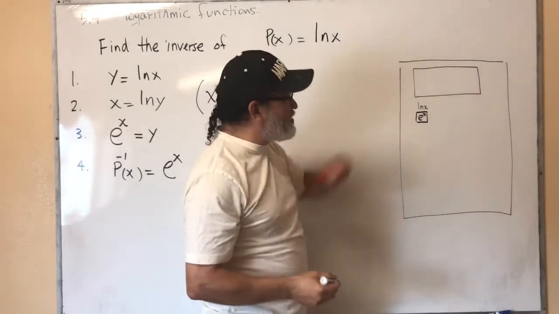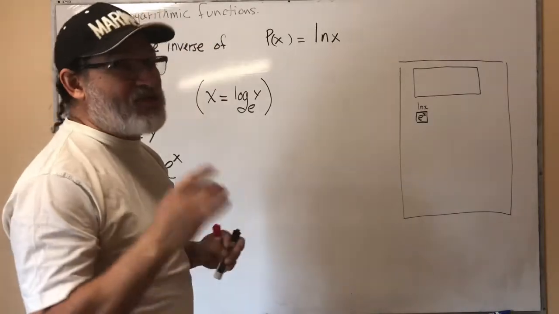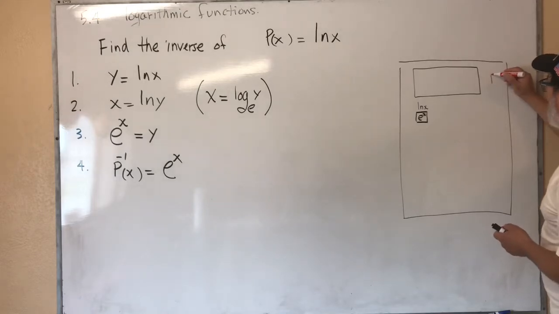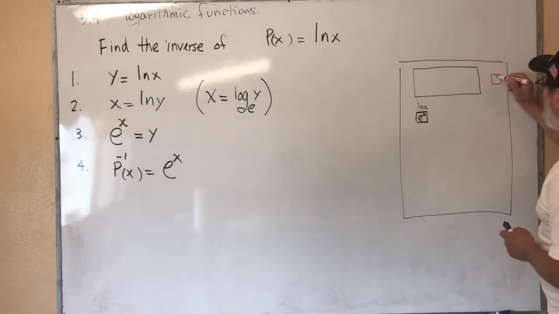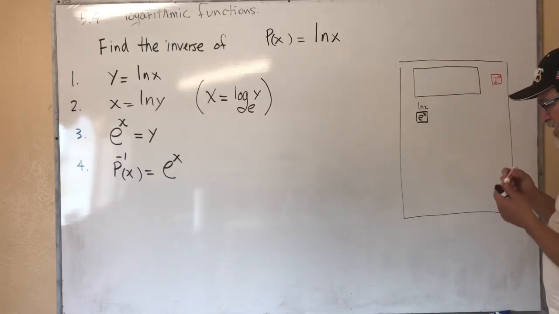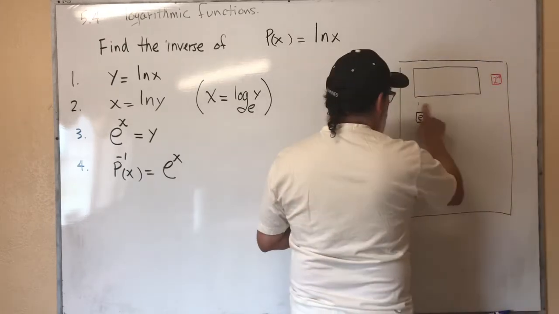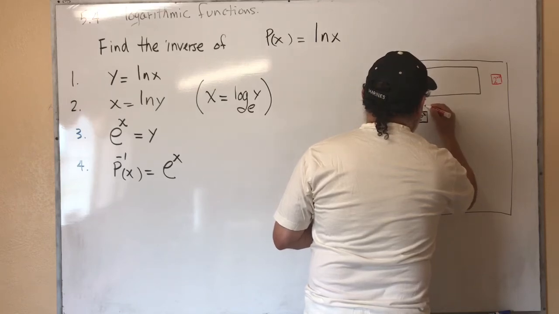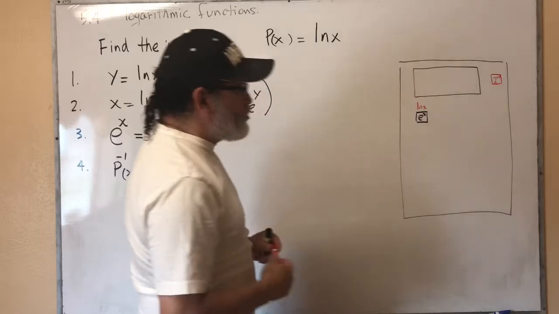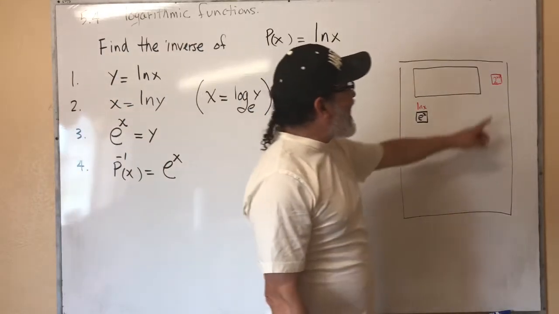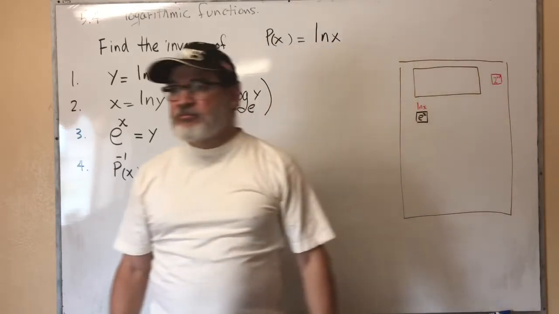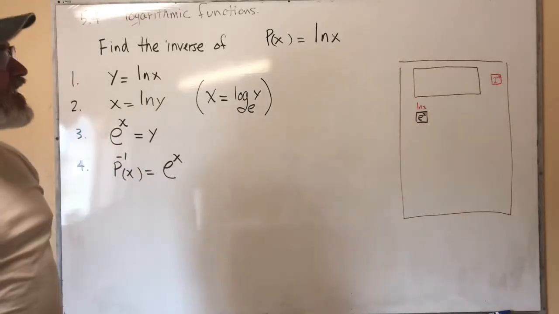But to get to ln x, you have to press the second key. I should have written it in red. So that means the second key really is giving you the inverse of e to the x. The second key gives you the inverse.